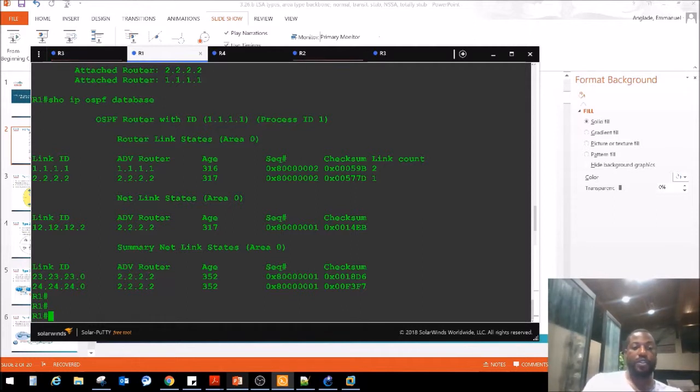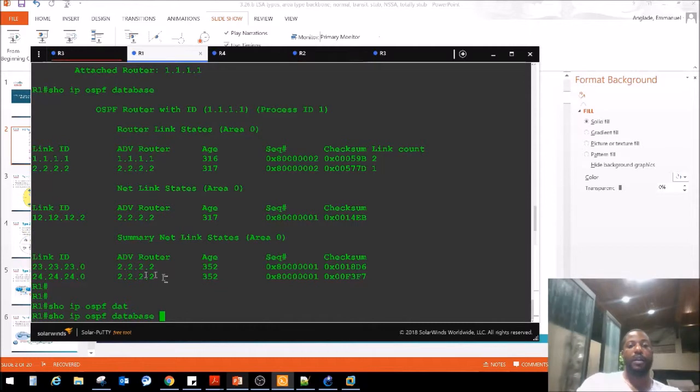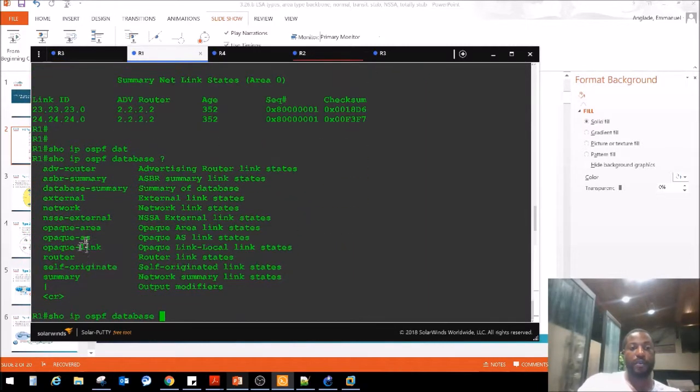So let's go ahead and do show IP OSPF. Actually, no. This is the link state ID. We don't want to do the router ID. Let's do that. Take a look at that. OSPF database. Actually, no. We do need to do 2.2.2.2 because we want to look at summary, right? So now we're going to do summary.